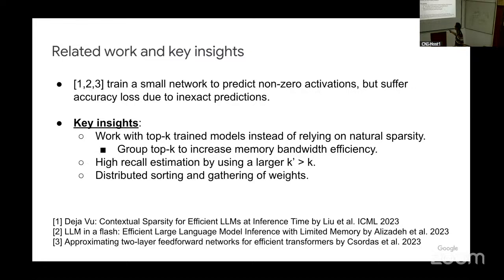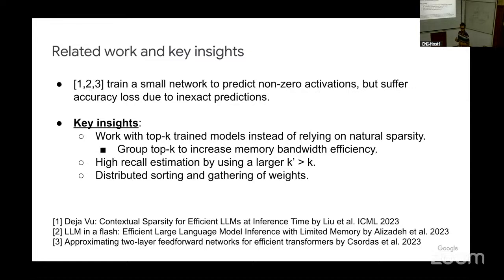So the main insight there that we try to use is that if you know that the model is working well with a particular top k sparsity, you can use this approximate computation to identify a larger subset k prime, which is more likely to guarantee that the top k are going to be contained in this k prime, because you are choosing a larger one. So the point is, precision is not the important thing, and recall is the most important thing. Maybe that's the key insight here.